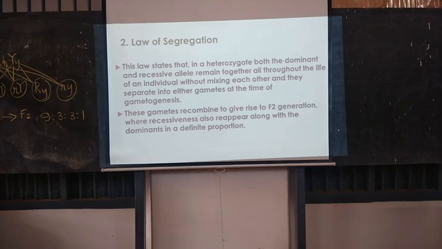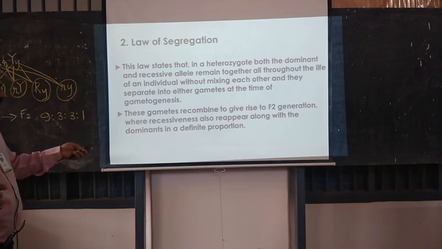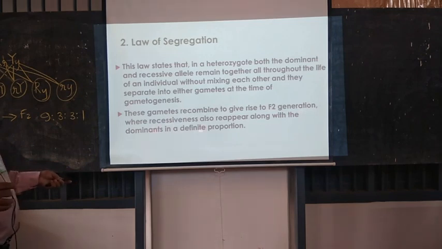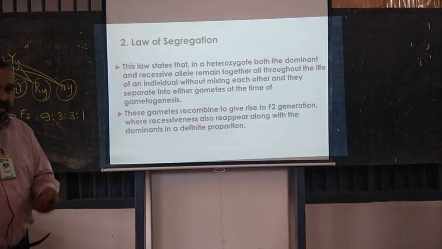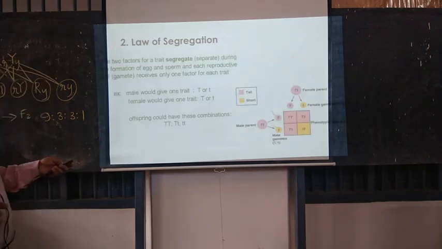During gamete formation, they are free to separate, or segregate. And these gametes recombine to give rise to the F2 generation, where recessive traits also reappear along with the normal combinations. And this is the law.